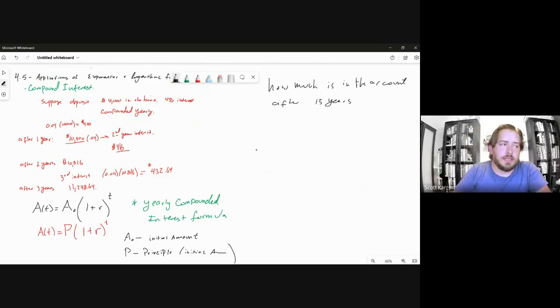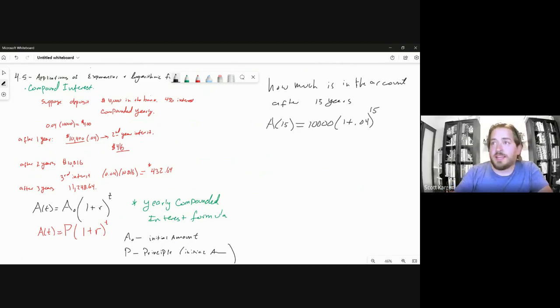I can just plug it into this formula. The amount after 15 years is what I'm looking for, so that's A of 15, is equal to, the principal was $10,000 in this problem, and I multiply that by 1 plus 0.04 for 4%, raised to the number of years, 15. Right? This is clearly a calculator question because the 1.04 to the 15 is humongous.